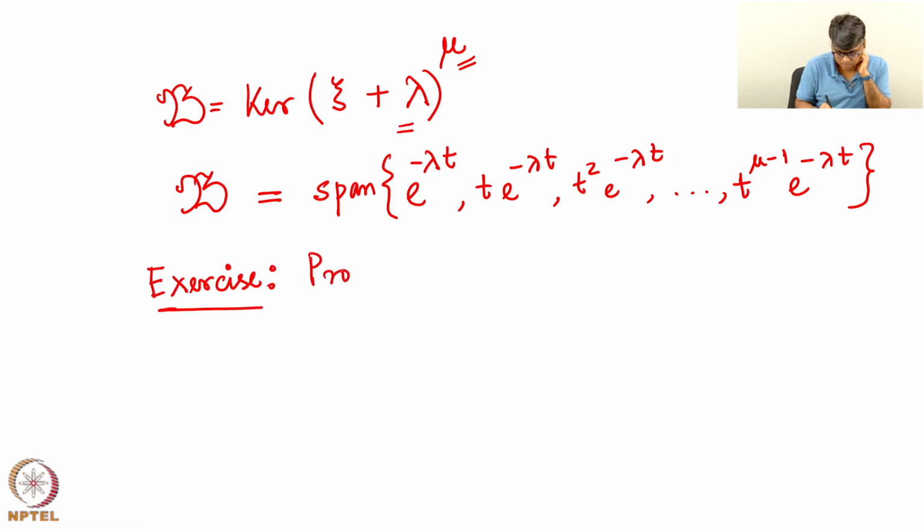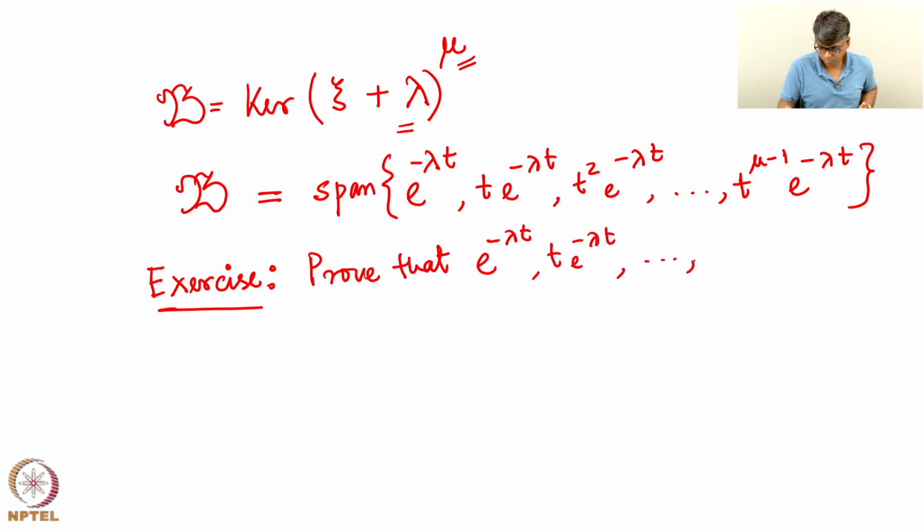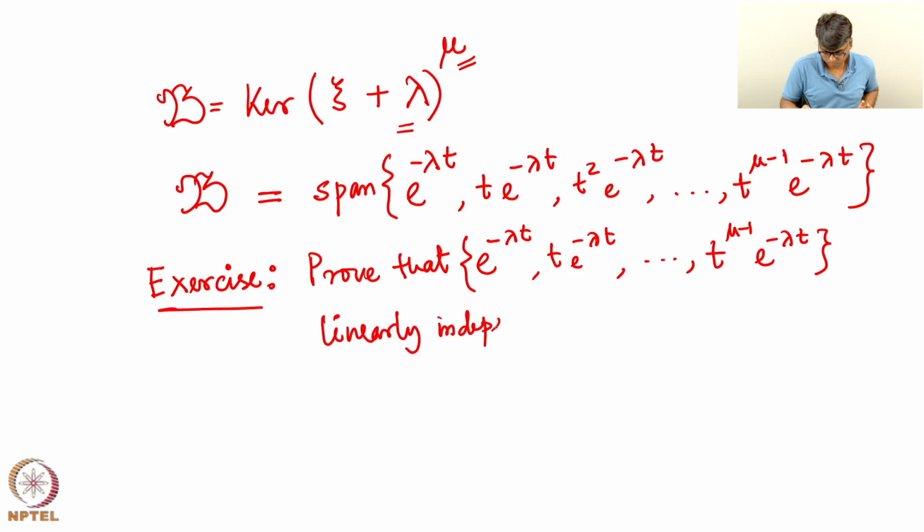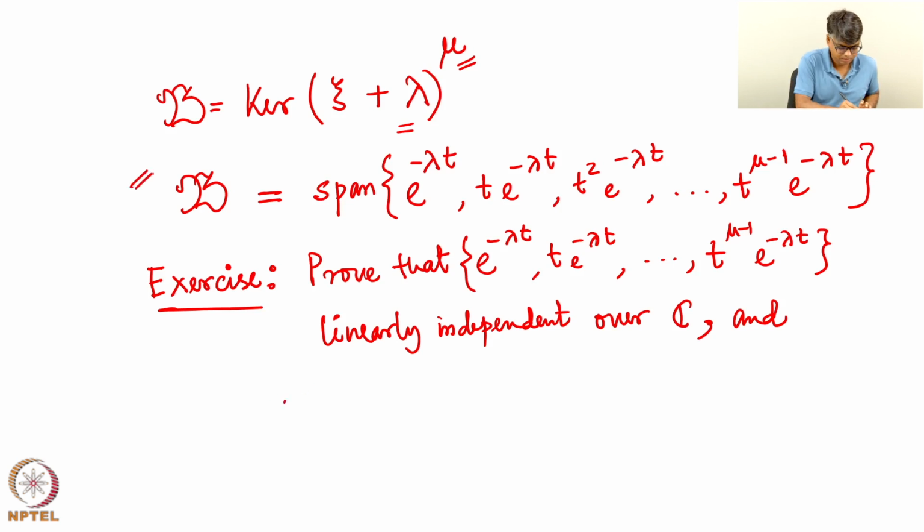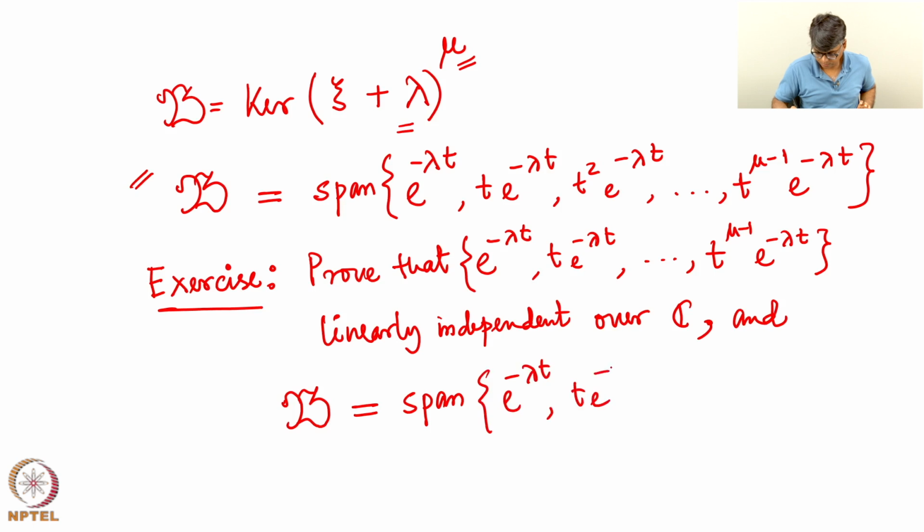Exercise: prove that these vectors are linearly independent over C, and that the behavior B, which is the kernel of this, is in fact exactly equal to the span of these vectors, these trajectories.